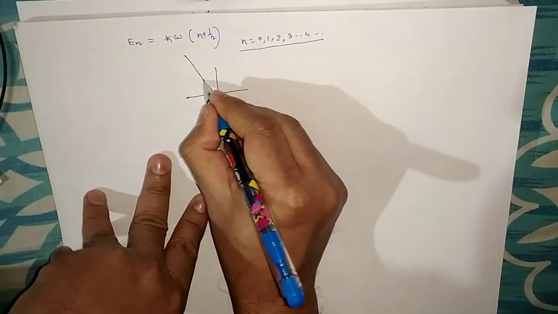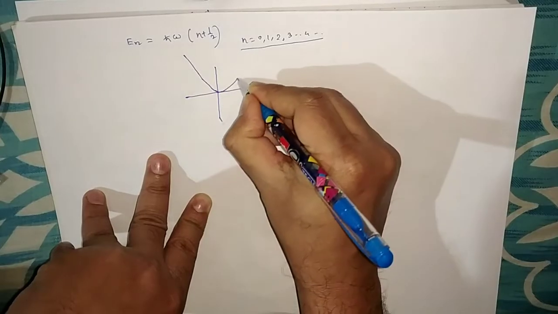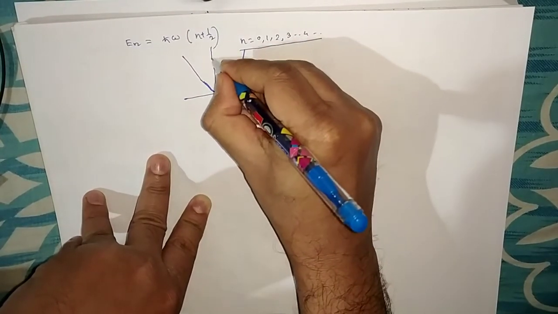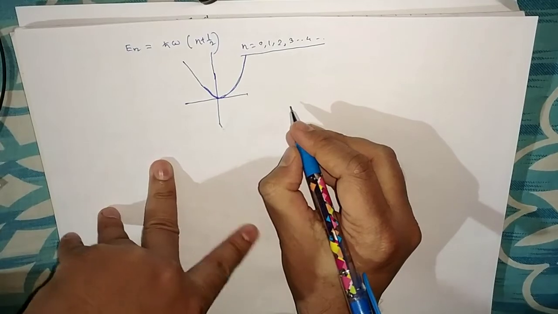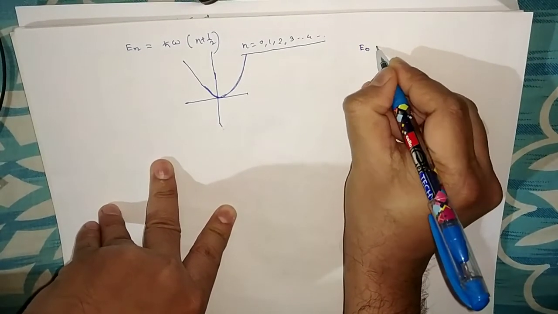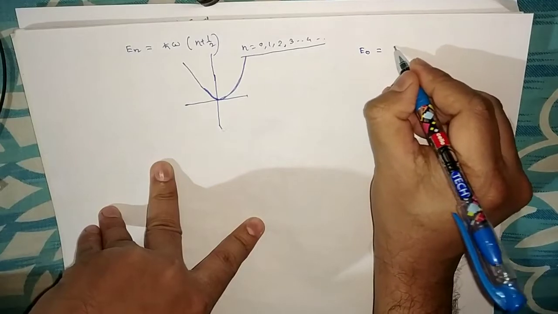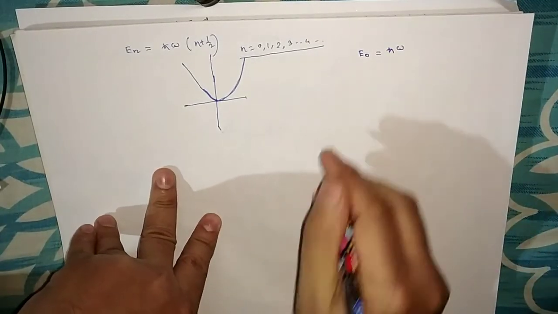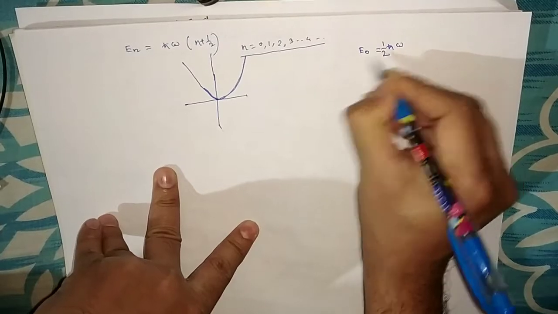As you can see, the harmonic oscillator model system that we have derived is nothing but a parabolic system. For n = 0, E0 will be half ħω, since the half term is there.